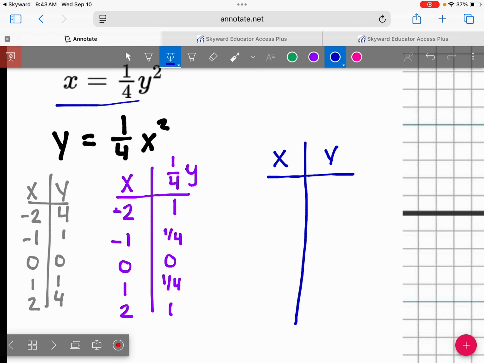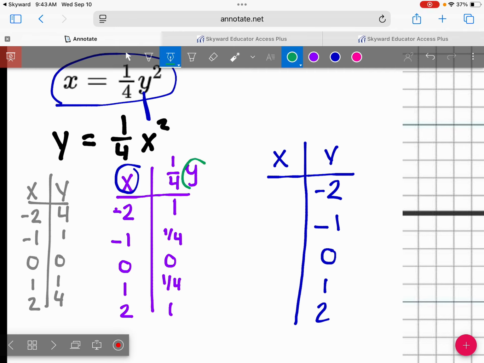So to get my graph of this, I replaced my y with the x. So I'm going to put all the things that were in the x column, that -2, -1, 0, 1, and 2, and my x's are going to be what was in the y, because I had swapped it here: 1, 1/4, 0, 1/4, and 1.